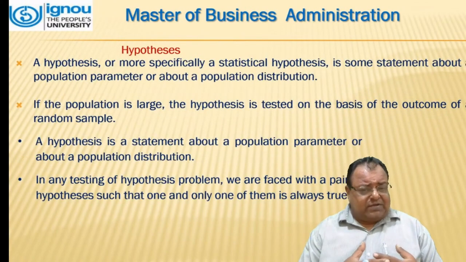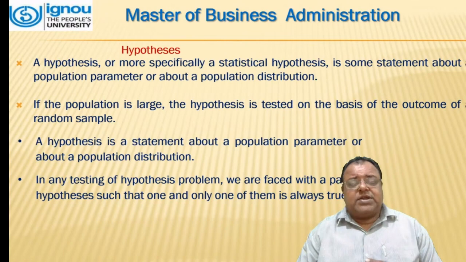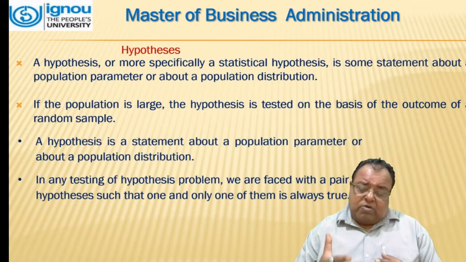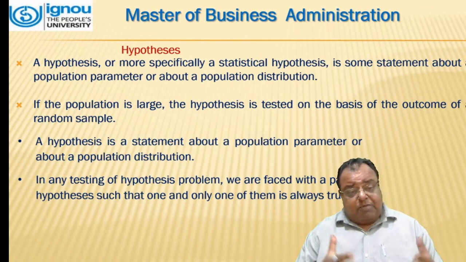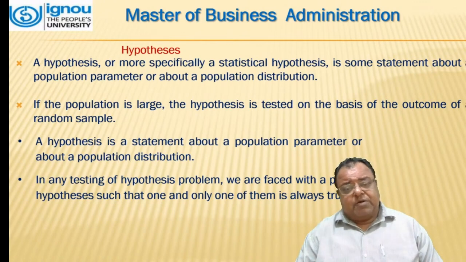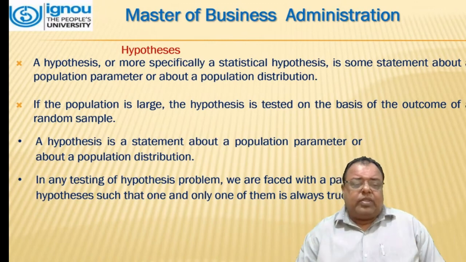A hypothesis, or more specifically, a statistical hypothesis, is some statement about a population parameter or about a population distribution. If the population is large, the hypothesis is tested on the basis of the outcome of a random sample.